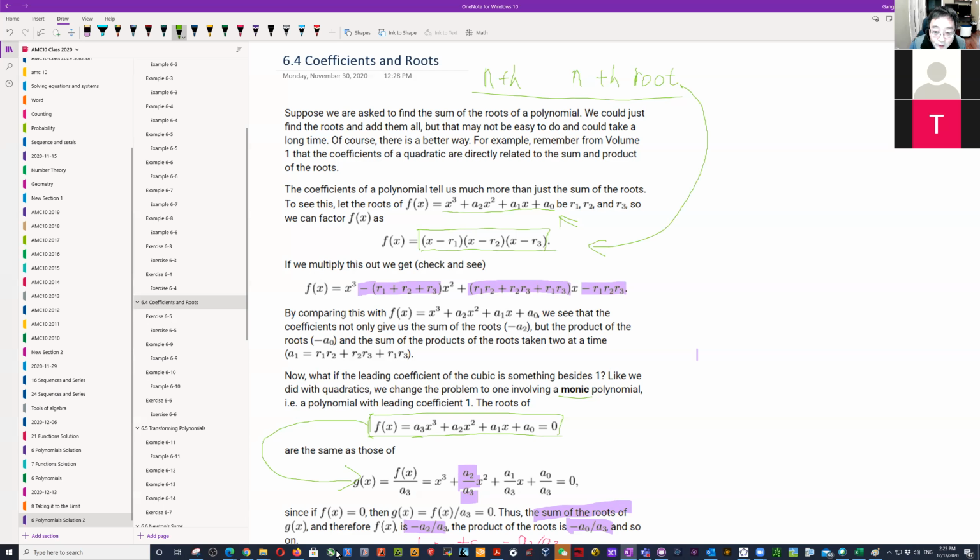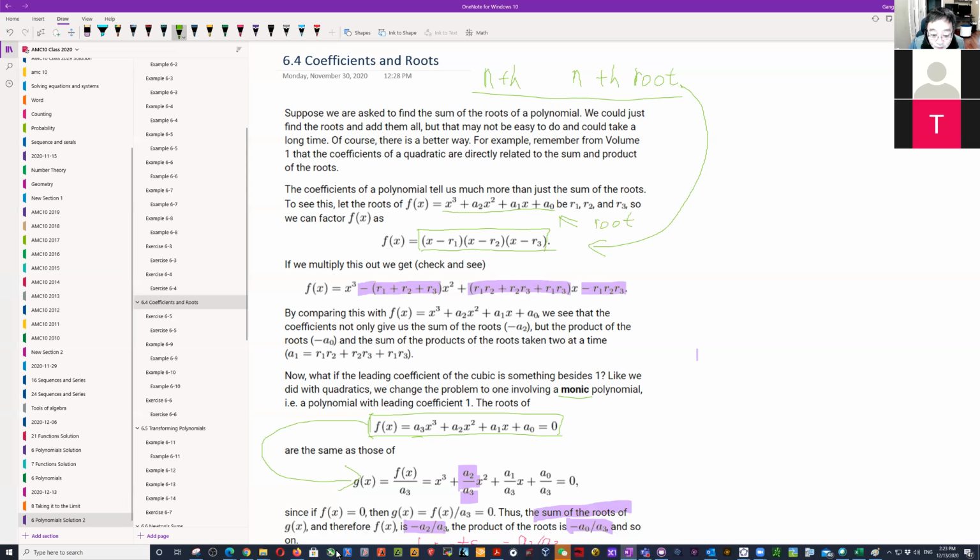If you have an nth degree polynomial, then you have that many roots, and it can be written in this format. If it is written in this format, then you are able to expand the product of the roots. So this is an nth degree polynomial in root form.